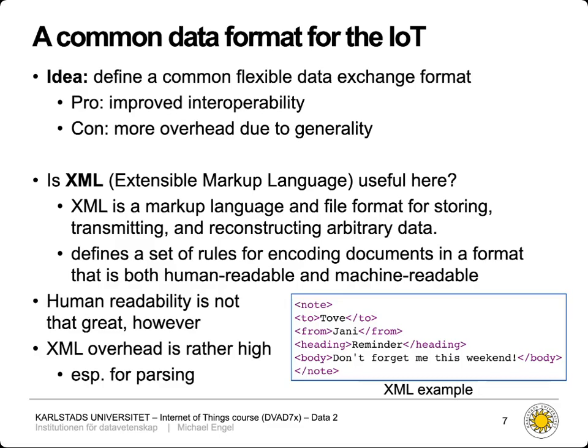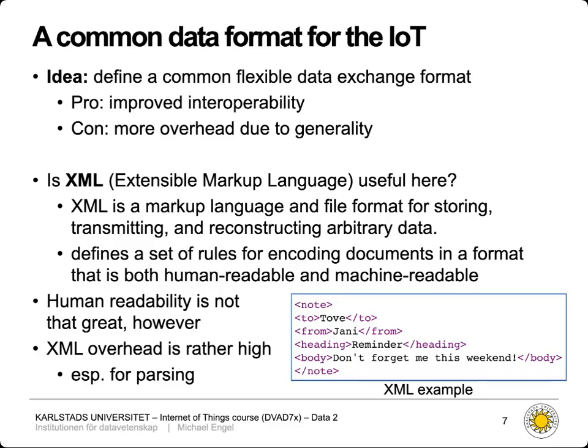This should be common, flexible, and improve our interoperability. We have to pay a price for this, and the price we have to pay is we will definitely have to pay some overhead due to enabling generality and enabling more context or semantic information to be transmitted with such a common data format.